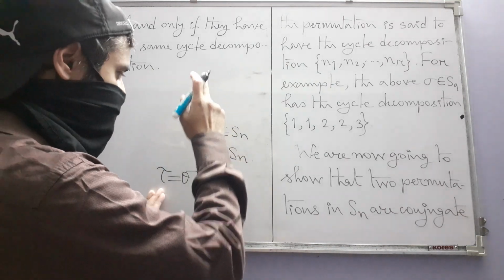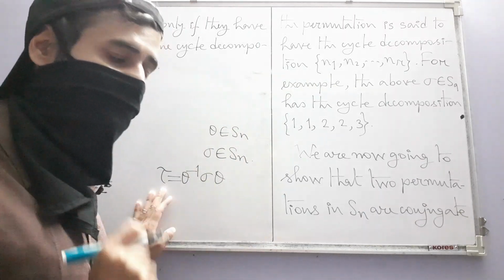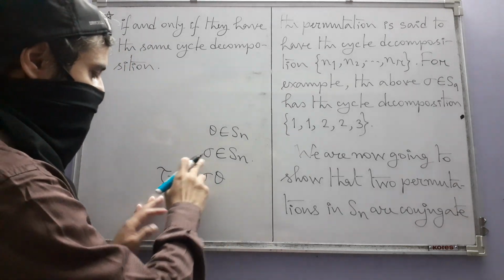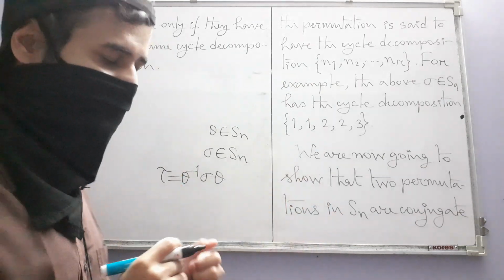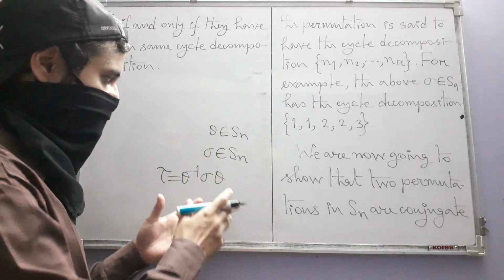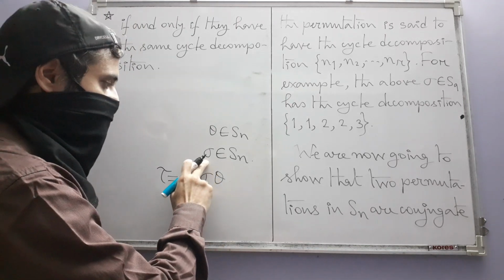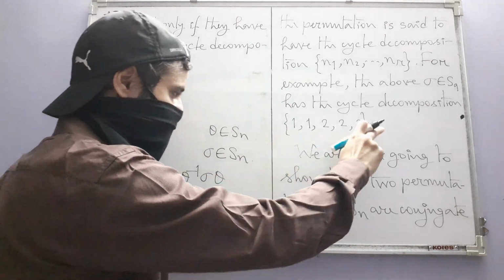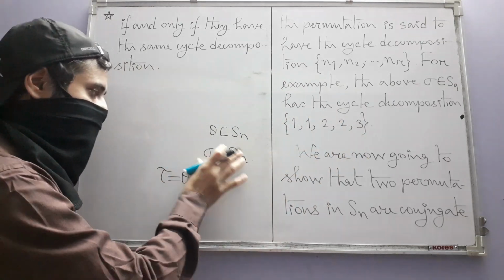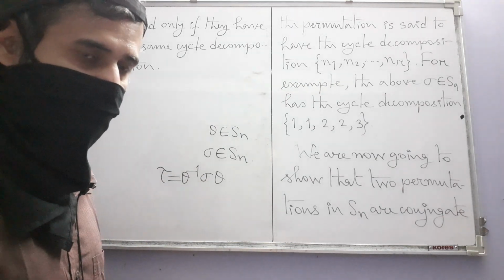So what we are claiming here is that sigma and tau will have the same cycle decomposition, and that just simply means that when you write sigma as a product of disjoint cycles and when you write tau as a product of disjoint cycles, the cycles that you have in sigma may be quite different from the cycles that you have in tau, but those lengths that give you such a cycle decomposition, this symbol for sigma, is going to be the same for what we will have for tau.